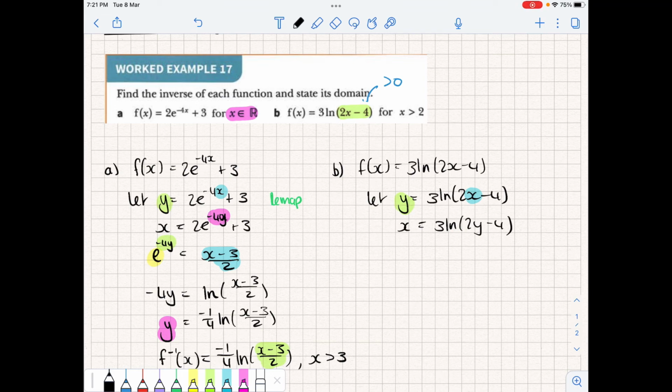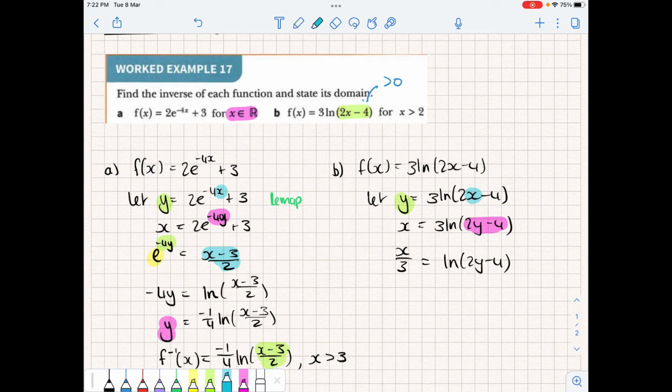Now the variable I'm trying to solve for this time is stuck inside here. It is the value of a log function. If I change that into exponential form, it becomes the subject of the formula. So we'll isolate everything that has nothing to do with the log on one side. That means we'll push the 3 over to the other side: x over 3 equal to the natural log of 2y minus 4.